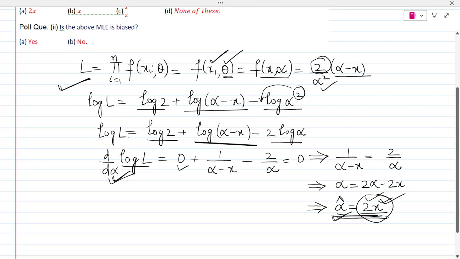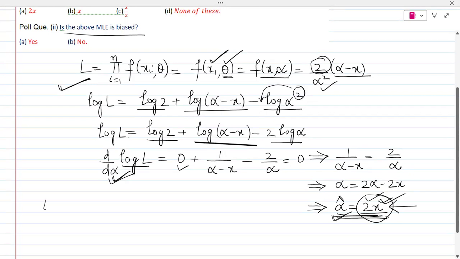Now, is this above MLE biased? So here it is being asked whether this MLE value is biased or unbiased.